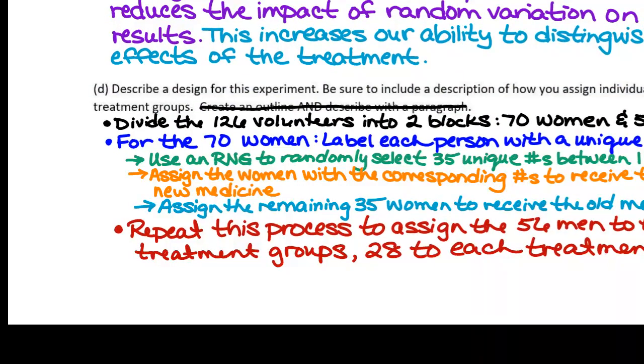Okay, so we described in detail what we're going to do for the women. For the men, we can get away with saying, do that again, but for this group. And now what? Because we were supposed to design the whole experiment here.